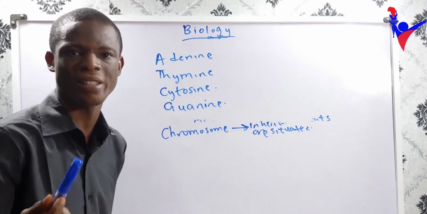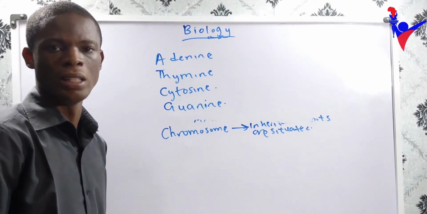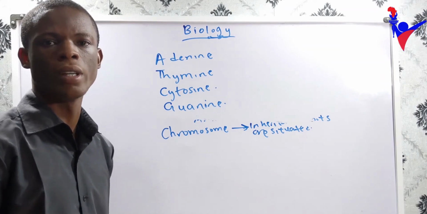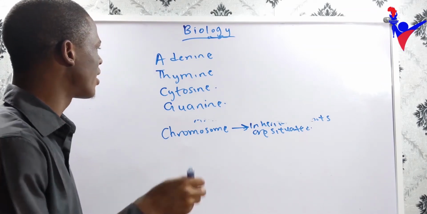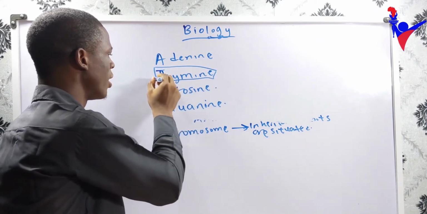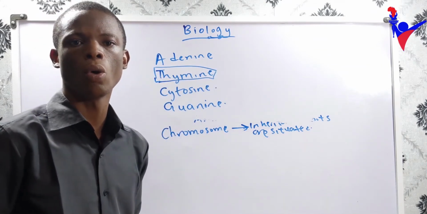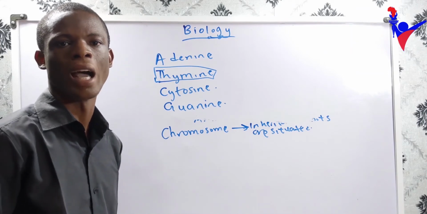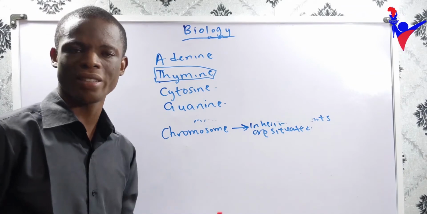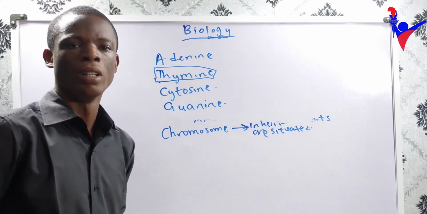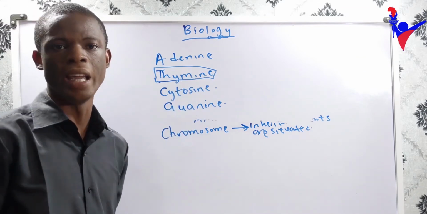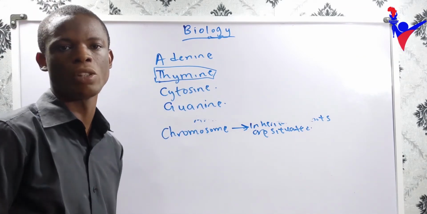All these are the bases found in the DNA. To take note, a DNA has thymine as its base, compared to an RNA strand, which has uracil. Uracil is the base that substitutes for thymine in an RNA strand.